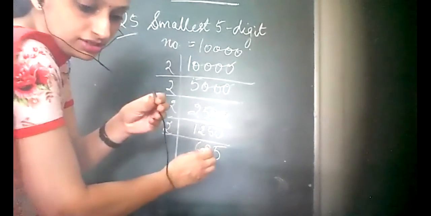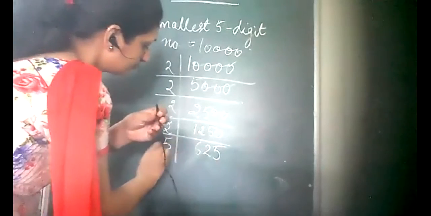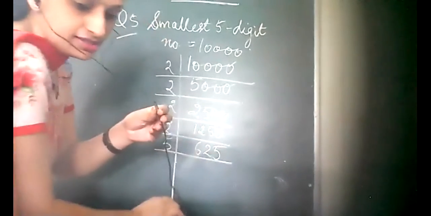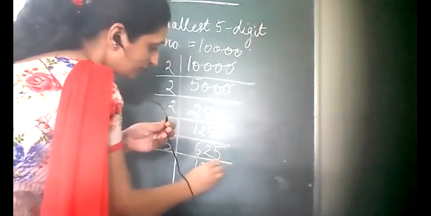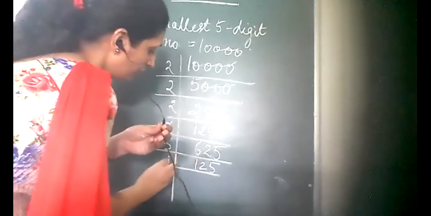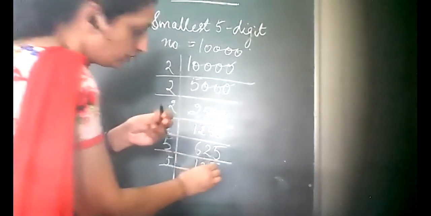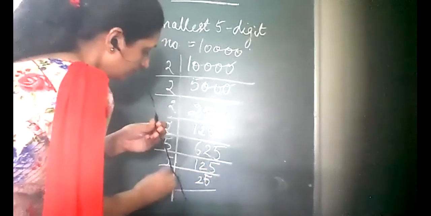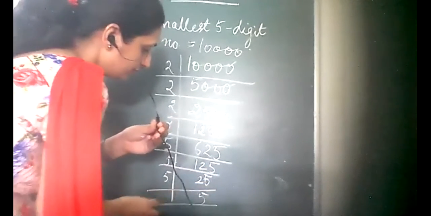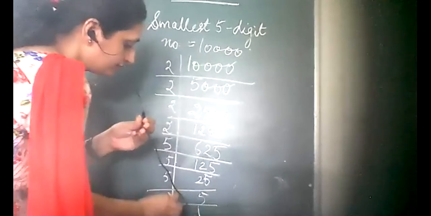Again, it will go in the table of 5, that is 125. Then again, it will go in the table of 5, 25s are 125. 5 5s are 25. 5 1s are 5. This way you're going to do it.